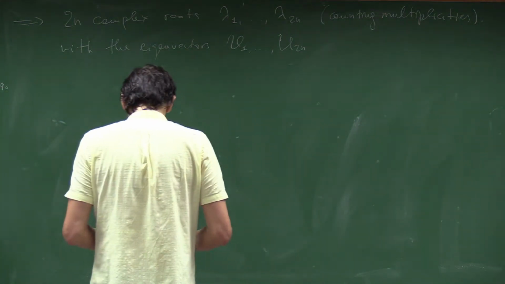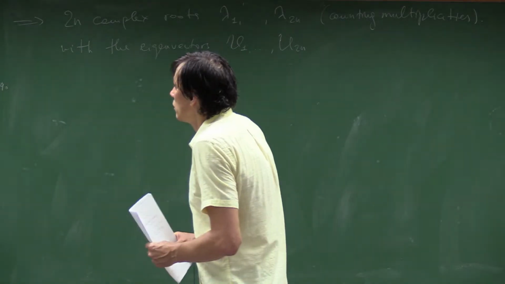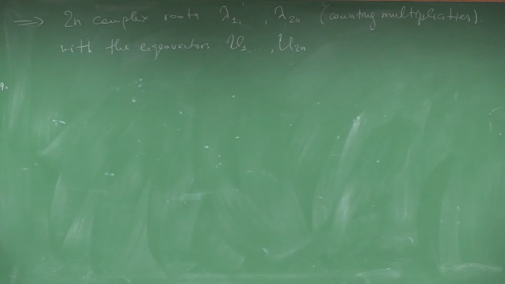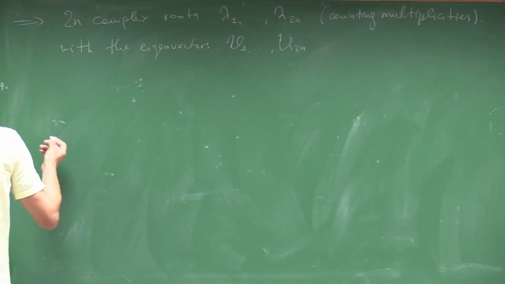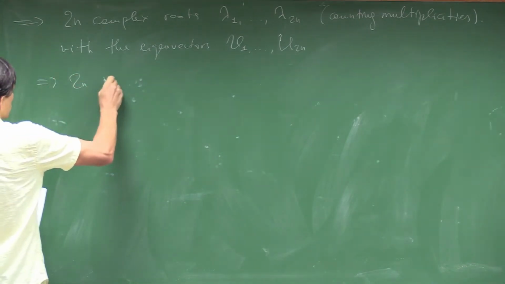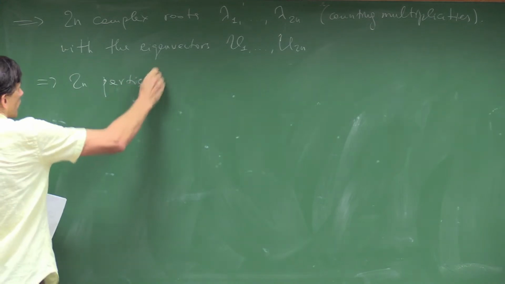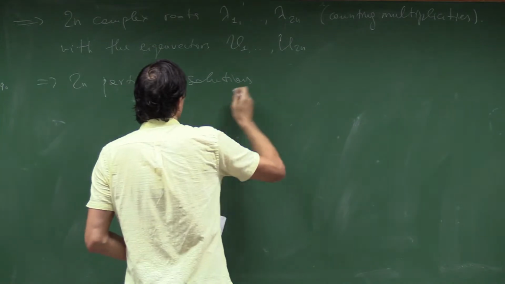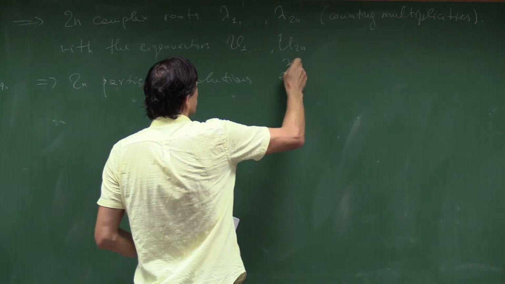This means that we have 2n particular solutions, and these are complex solutions in general.